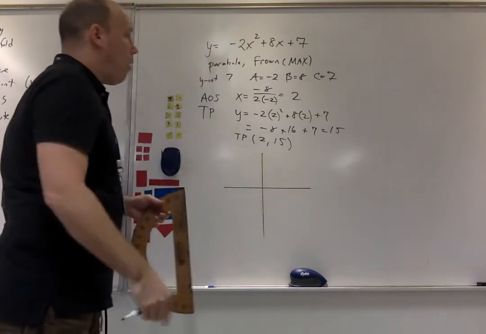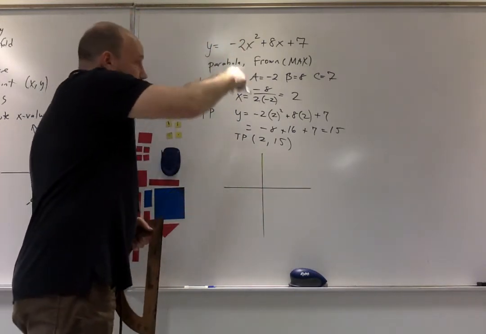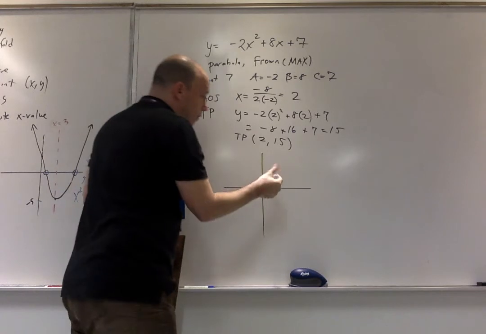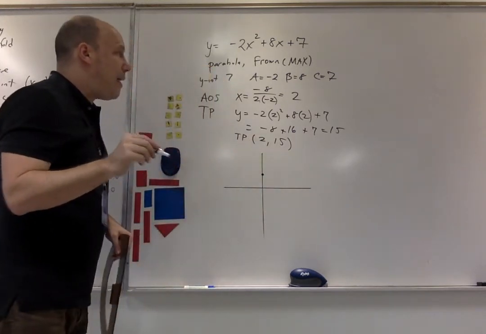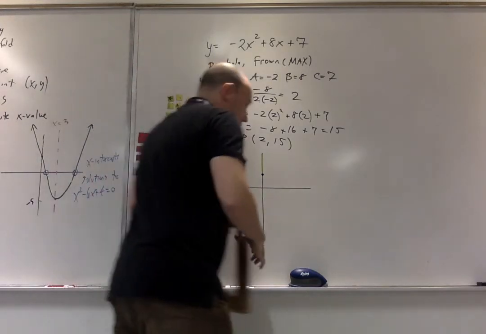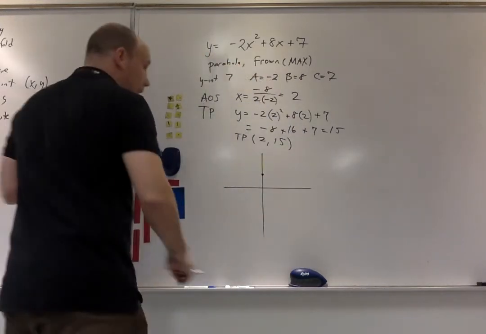So, I know that I have a parabola. My y-intercept is 7, and I know my axis of symmetry is x equals 2.